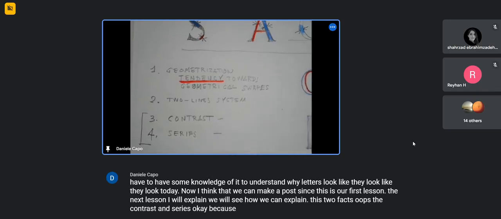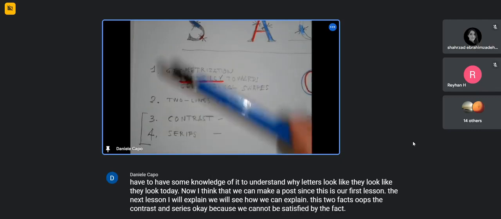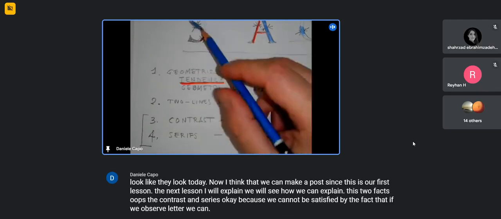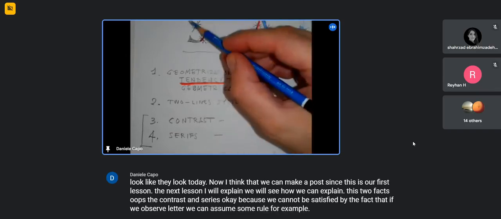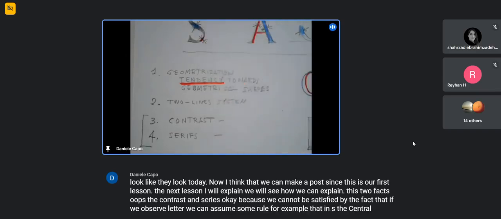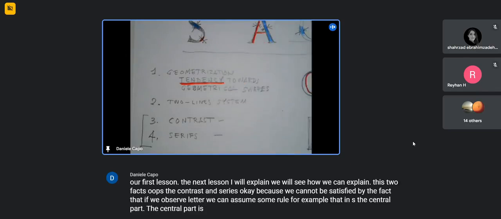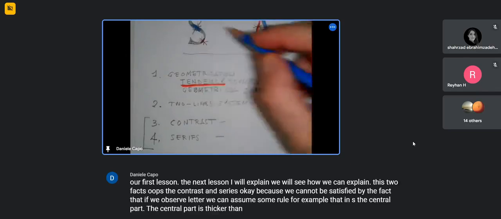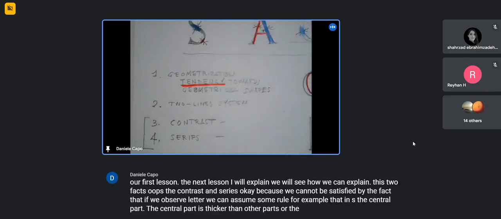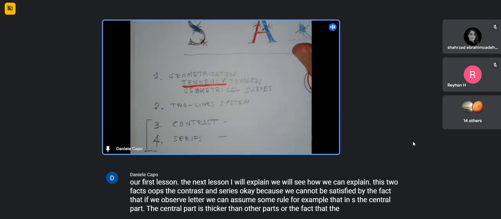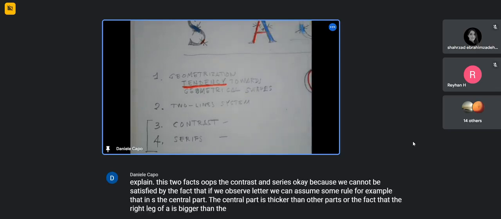Because we cannot be satisfied by the fact that if we observe letters, we can assume some rule. For example, that in S, the central part is thicker than other parts, or the fact that the right leg of A is thicker than the left leg.